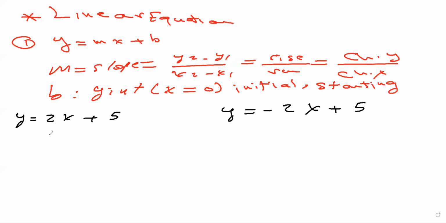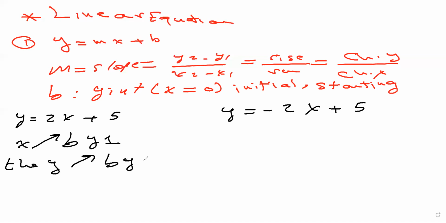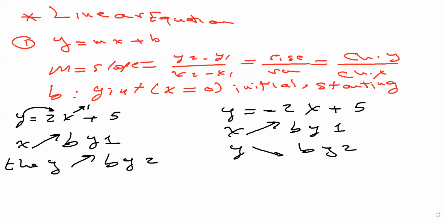The main idea is when x increases by 1, the y increases by what? By 2. When x increases by 1, the y increases by 2. While here, even though we have minus, x still increases by 1, but the y decreases by 2. When x increases by 1, the y decreases by 2.